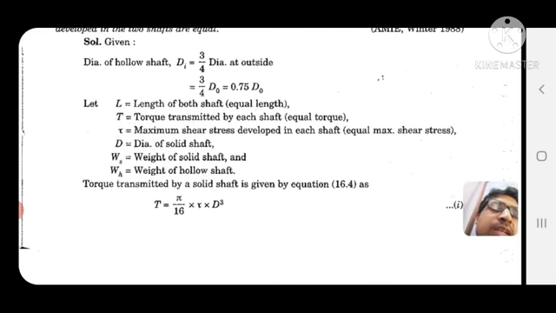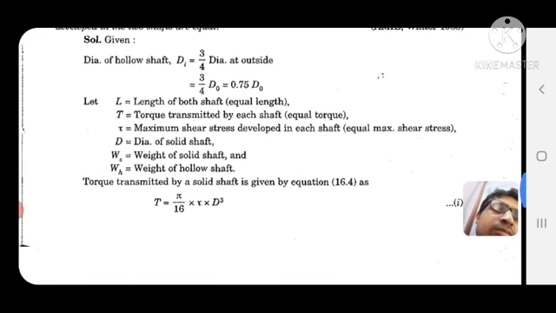Tau is equal to maximum shear stress developed in each shaft. D is equal to diameter of the solid shaft. Ws is equal to weight of the solid shaft, and Wh, weight of the hollow shaft.